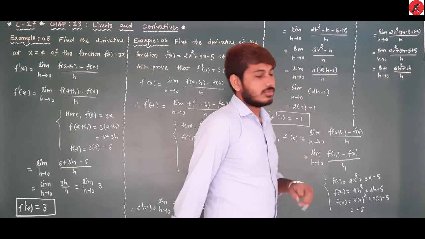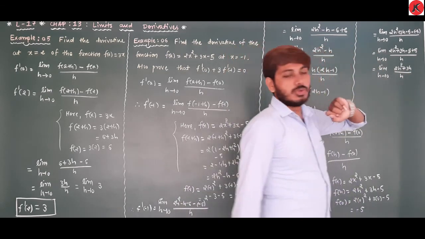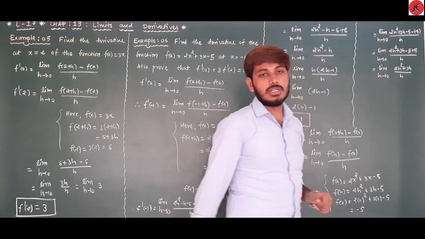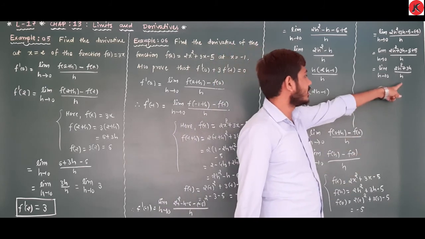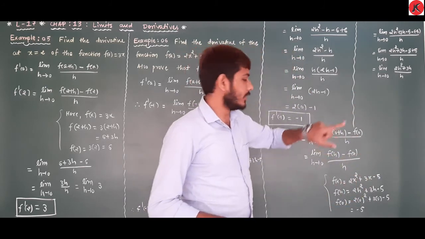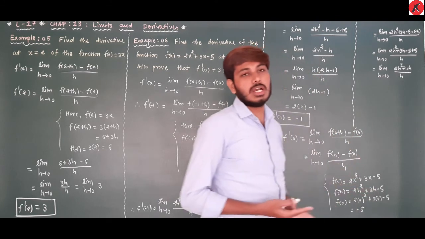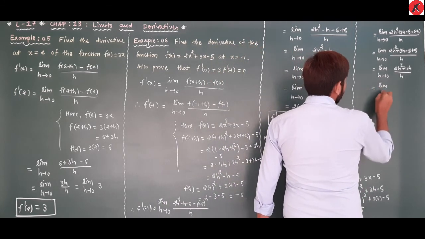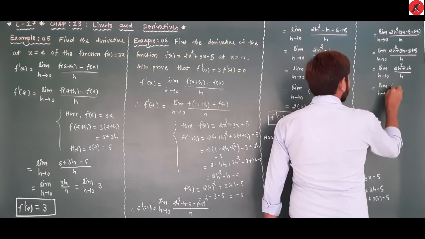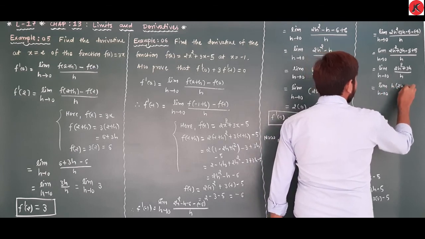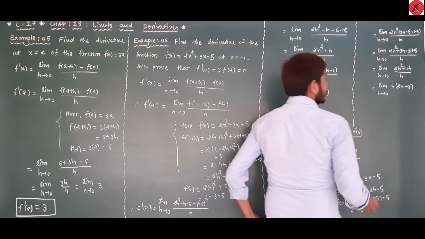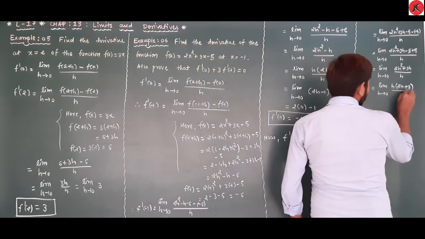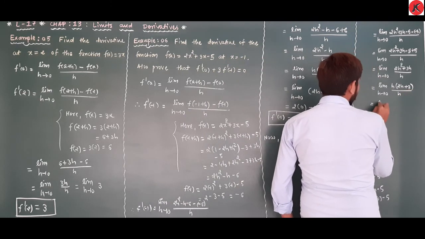And now we have to remove the h. Why? Because if we put h equals 0 in the denominator, we will get denominator 0. Therefore, the responsible factor is h, and we have to remove that factor. Therefore, we are getting limit h tends to 0, and by factorization we remove it: we will get h common from the numerator, 2h plus 3 divided by h. h will get cancelled.